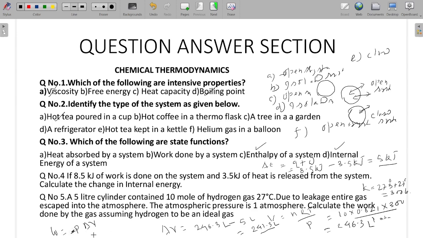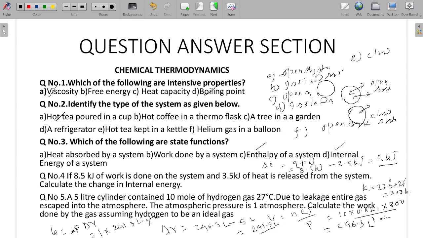P is 1 atm, so the work is minus 1 into 241.3 liter atm.